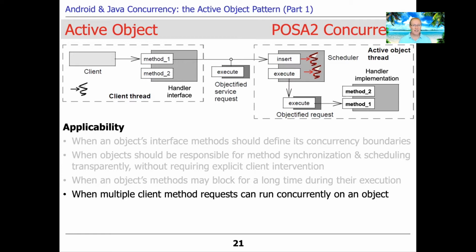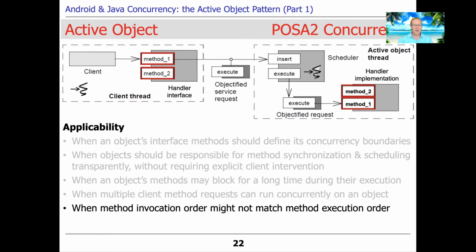Now, this can be a great way to scale things up transparently, but you have to be careful because there could be some issues with respect to synchronization of the object's shared state, where the shared state is shared between different threads that are executing internally to it. But again, that's the object implementation's problem, not the client's problem.